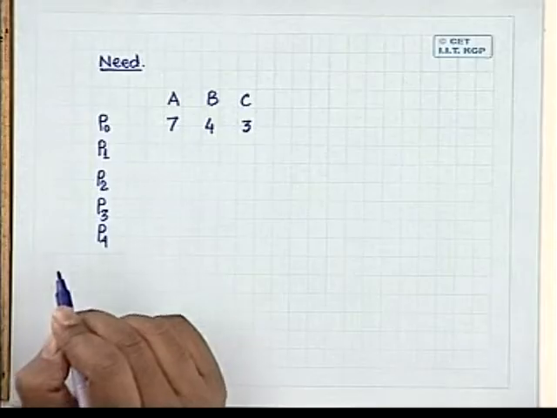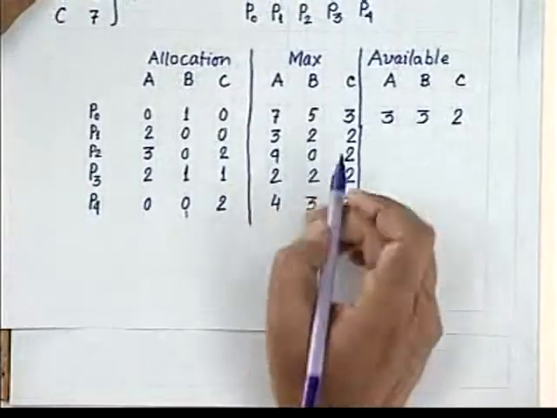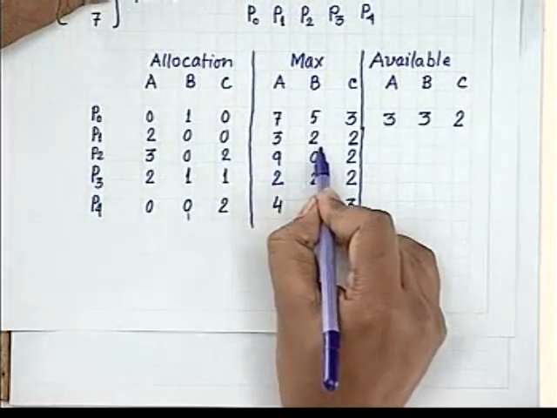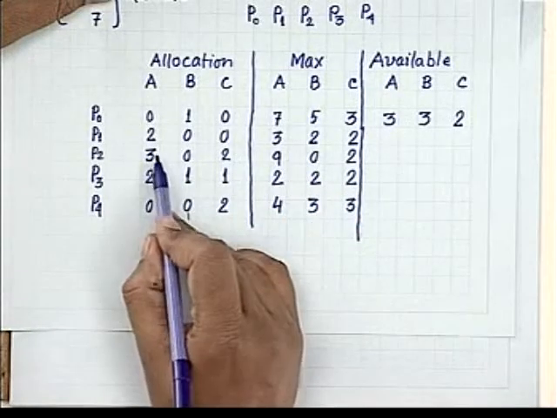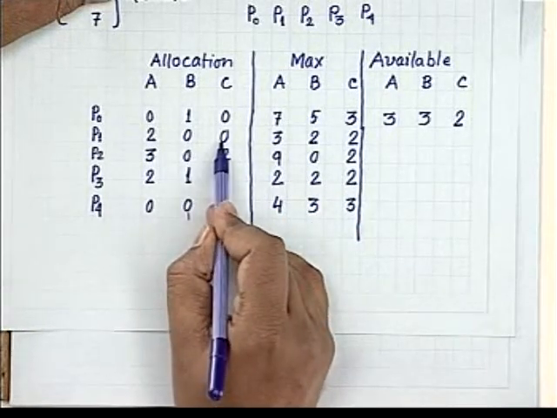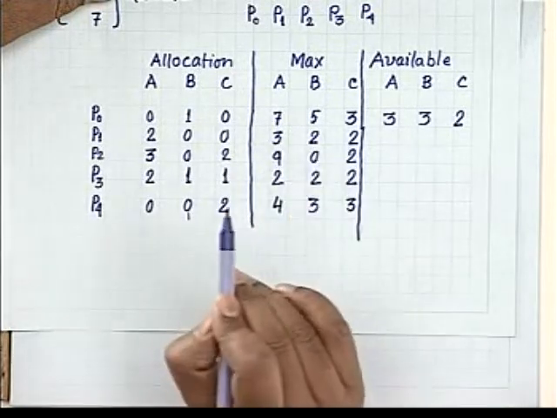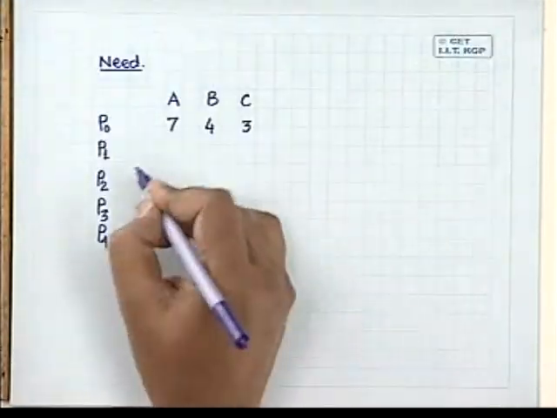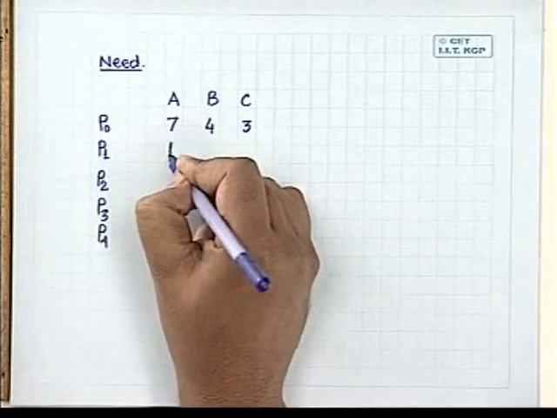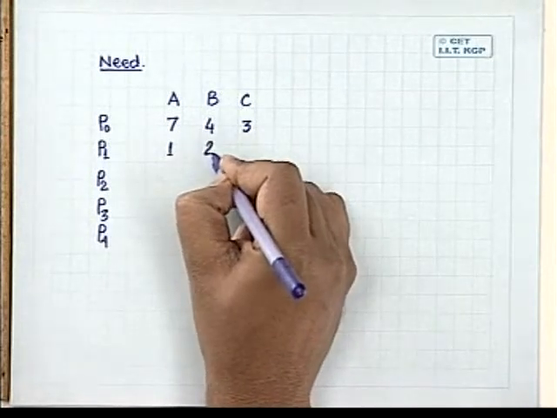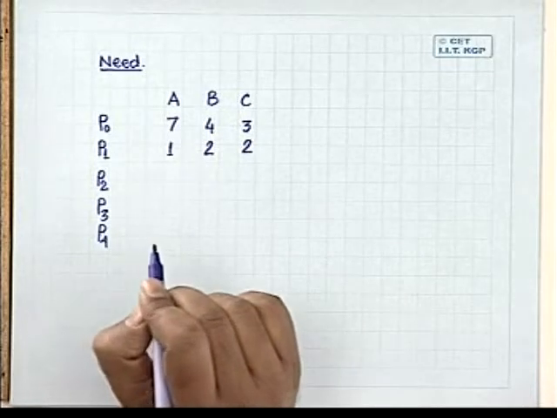Similarly, for P1, the maximum requirement is 322, of which allocated is 200. That means the future need will be 122.